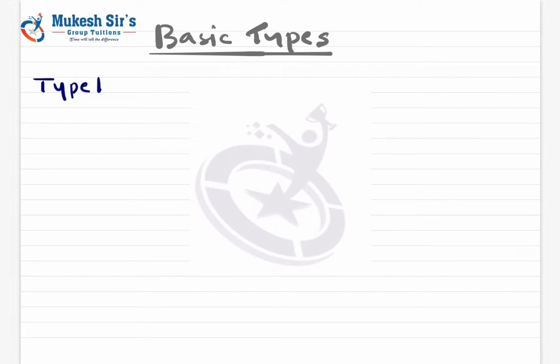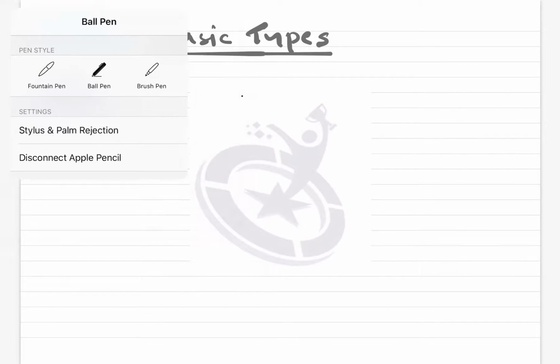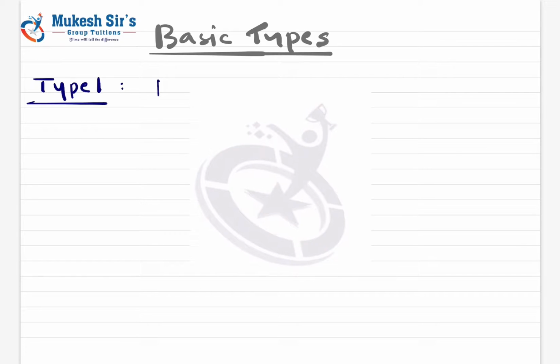Type 1 is integration of 1 upon 1 plus or minus sin x, or you can have cos x here.